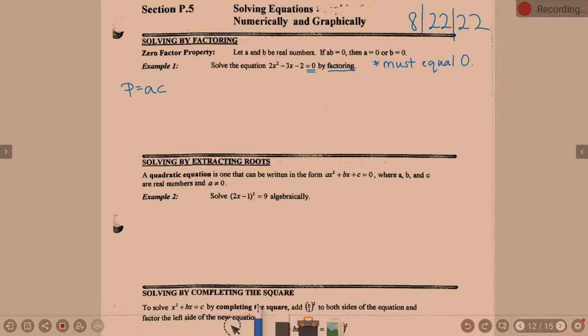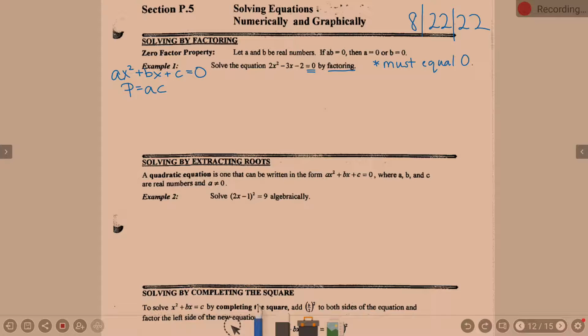Now, when I say product of AC, realize that is based on the form ax squared plus bx plus c equaling 0. There are other ways to do this, and I'll be interested to know how you ladies factor this back there.